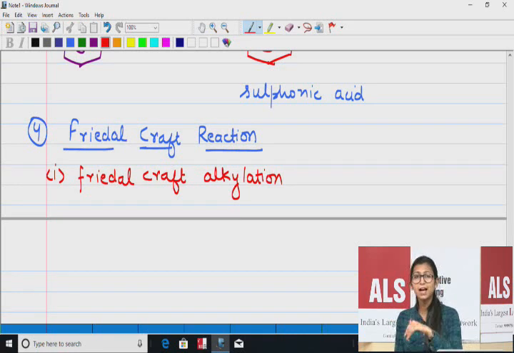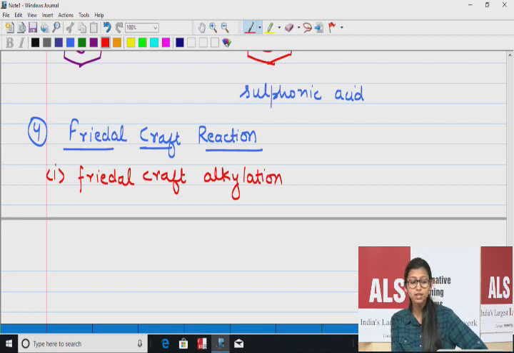If I am saying hydration, what does that mean? Adding of which group is hydration? Addition of water, obviously. You are giving water. At the same time, you use the word hydrolysis also. And if I am saying alkylation, it means the addition of alkyl group.